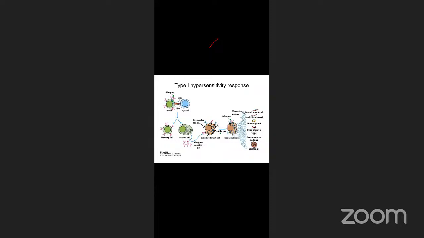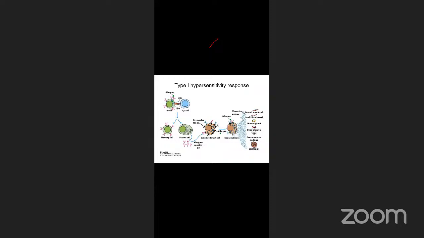Whenever the antibody E binds with the mast cell or basophil, these cells get sensitized in the first step.